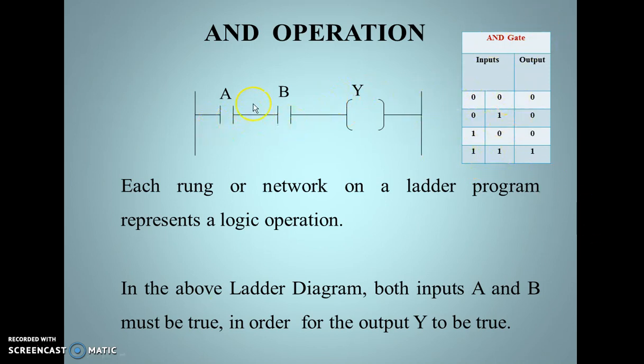In the ladder diagram approach, both the inputs A and B are represented in terms of normally open contacts. Whenever logic 1 is applied over here, this connection will be connected. Similarly, logic 1 to the contact B, so this connection will be made. When both the connections are made, the supply goes to the output and we get the output.